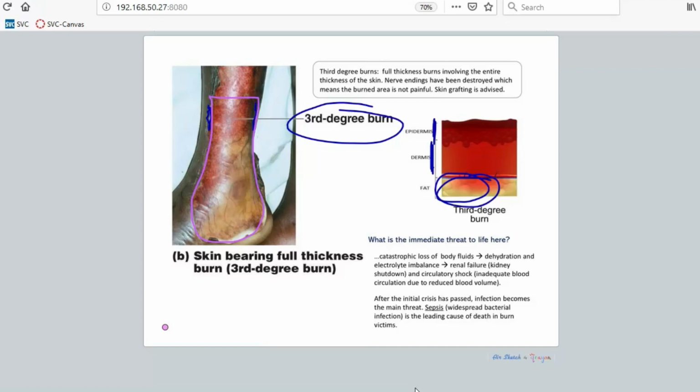Now, if somebody comes in with a third degree burn, what's your number one priority? What's your number one concern, I should say? Because this person is in a life-threatening situation. Well, the primary threat to life is dehydration and electrolyte imbalance, because all of this areolar tissue, all this connective tissue underneath that holds a lot of water, a lot of nutrients and ions, has basically been burned.